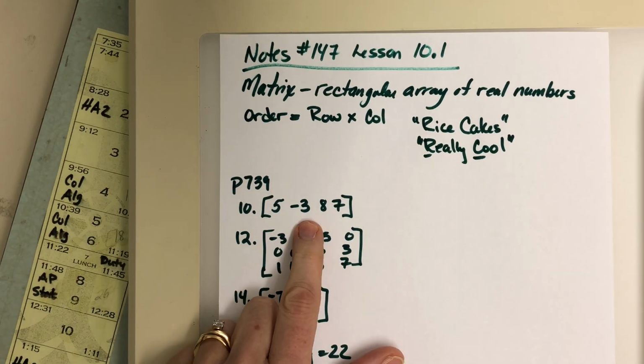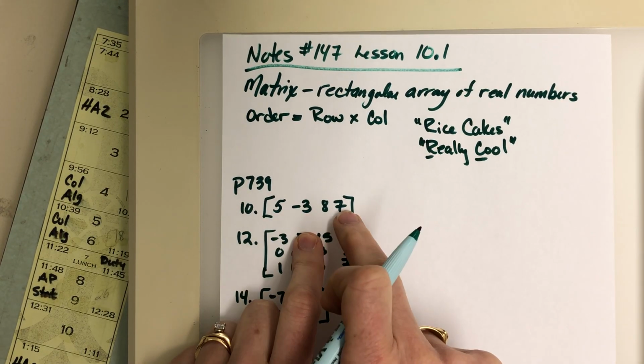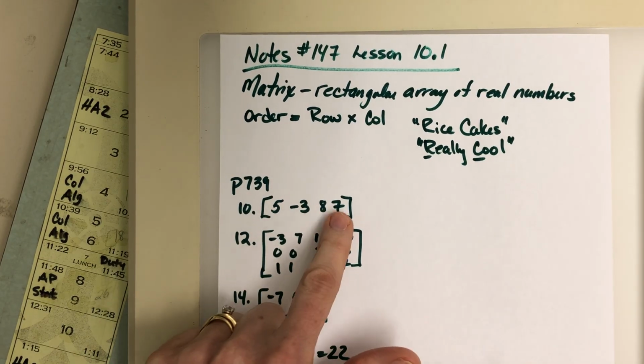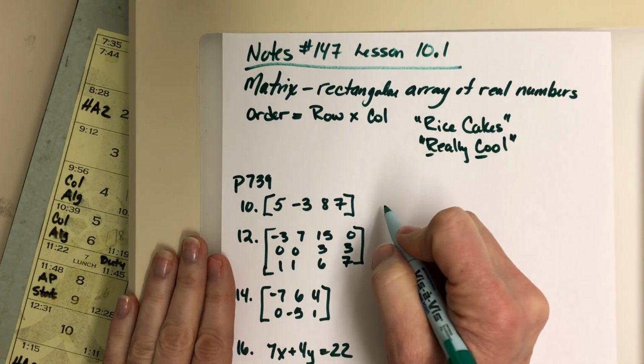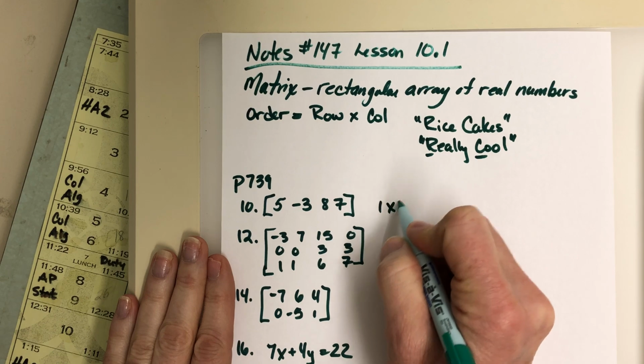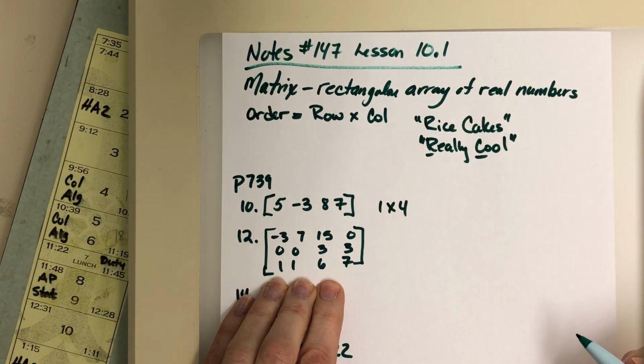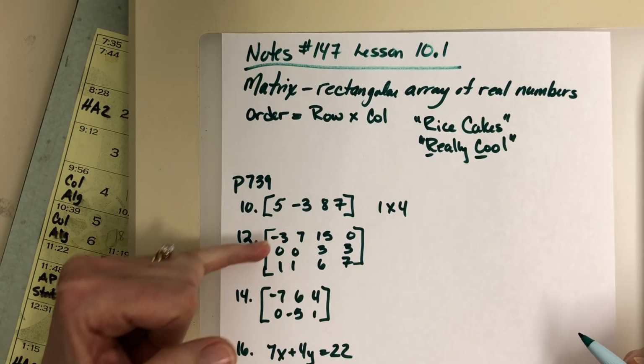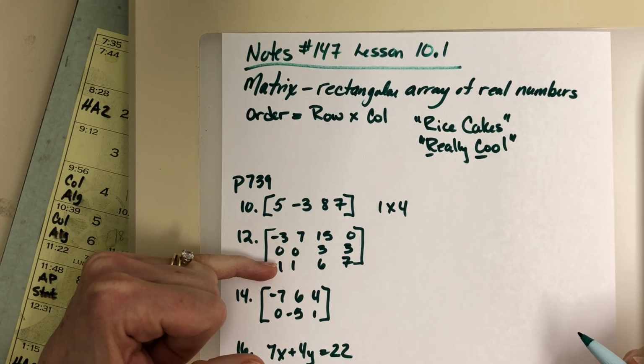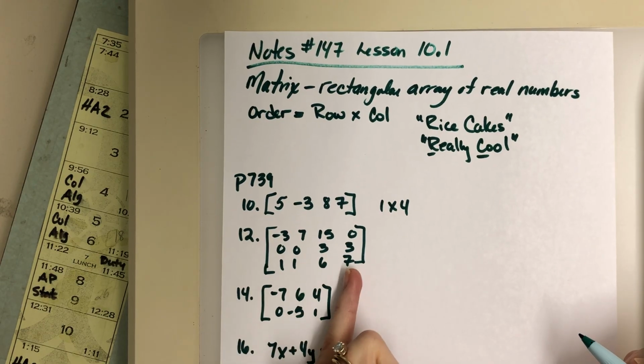We look at example 10 here from your textbook. Notice that you have just one row and 1, 2, 3, 4 columns. So we say the order of this matrix is 1 by 4. In number 12, a different kind of matrix. Notice again it's a rectangle. We look at the number of rows, 1, 2, 3 rows, and the number of columns, 1, 2, 3, 4 columns.